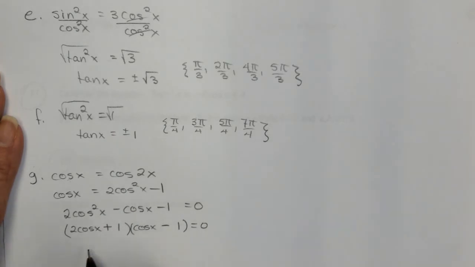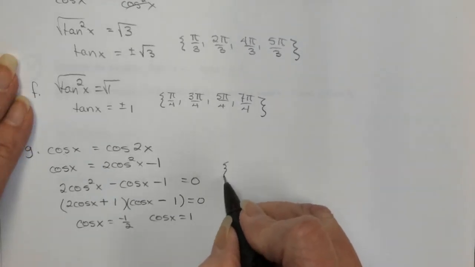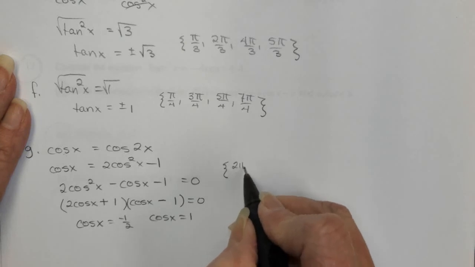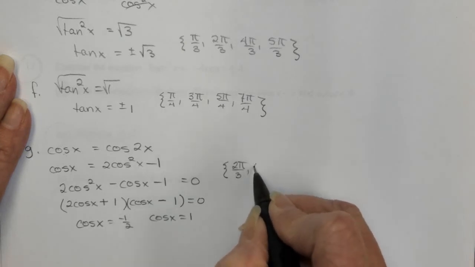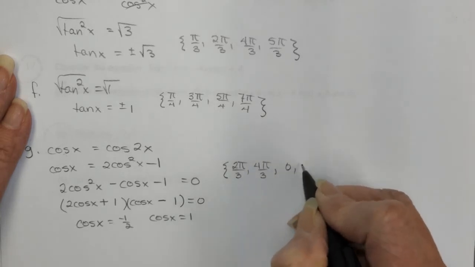Then I can set each factor equal to 0 and isolate, so I'll get cosine x equals negative 1/2, cosine x equals 1. So cosine is negative 1/2 at 2 pi over 3 and 4 pi over 3, and it's 1 at 0 and 2 pi.